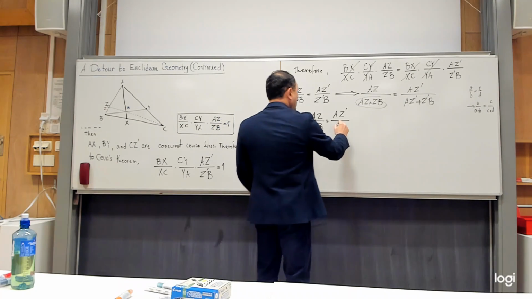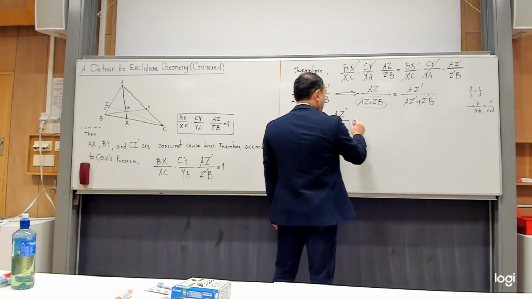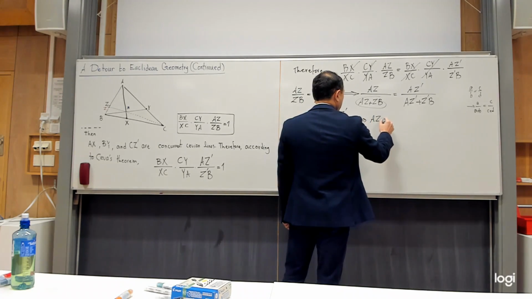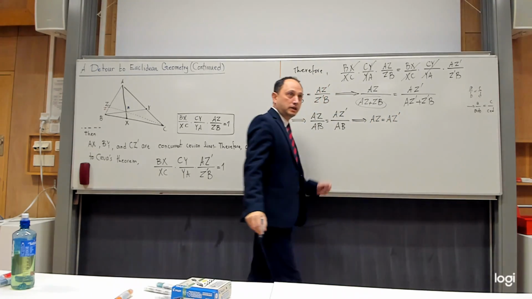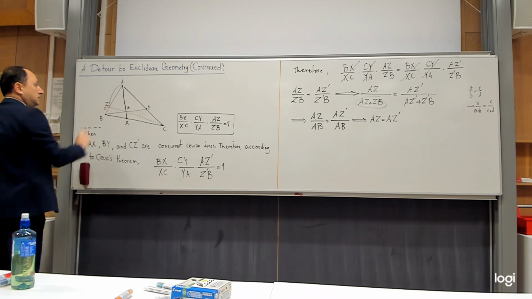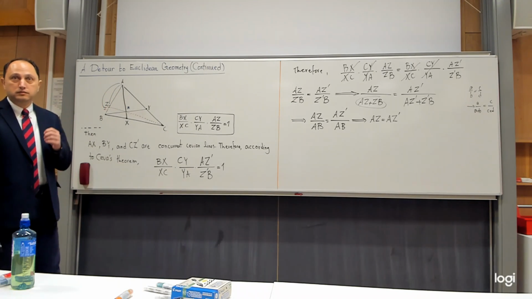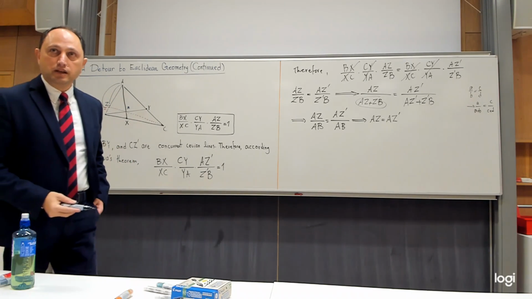But now I have two fractions, the denominators are the same and they are equal, so the numerators have to be the same. Yes? So what does it mean? It means that from A to Z is equal to from A to Z prime. So it means that Z and Z prime are the same. Yes?